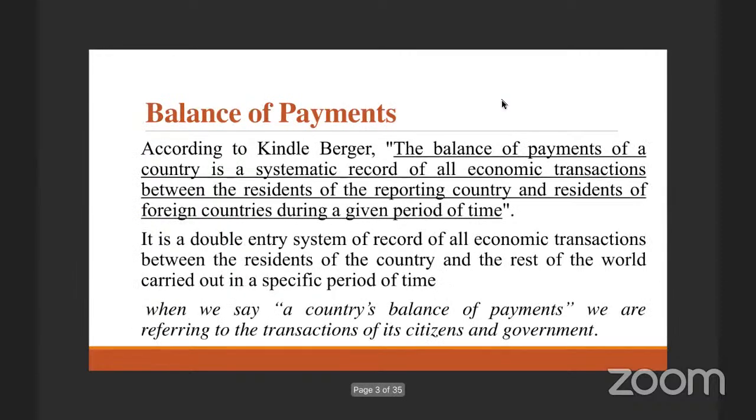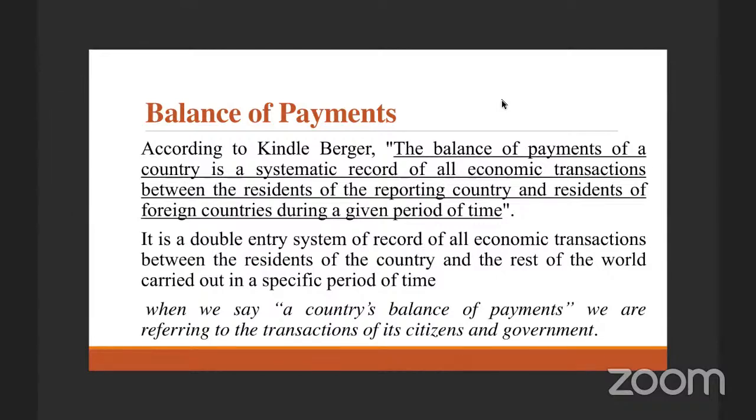Now, according to Berger, the balance of payment of a country is a systematic record of all economic transactions between residents of the reporting country and residents of foreign countries during a given period of time, between 1st April 2020 and 31st March 2021.